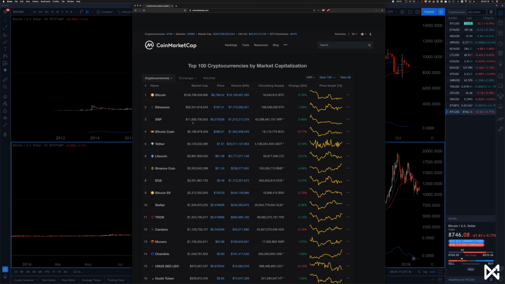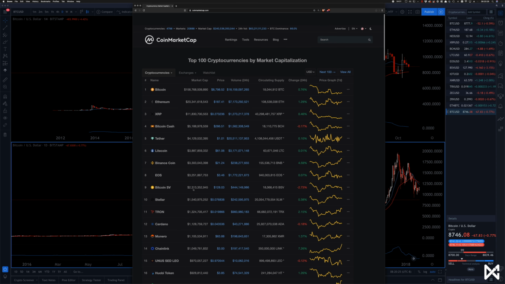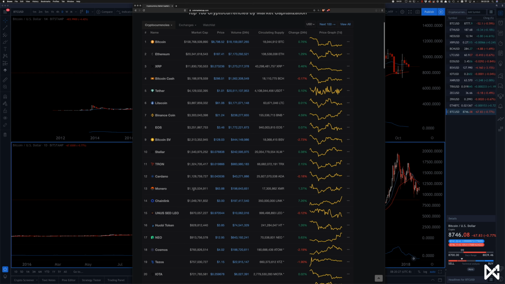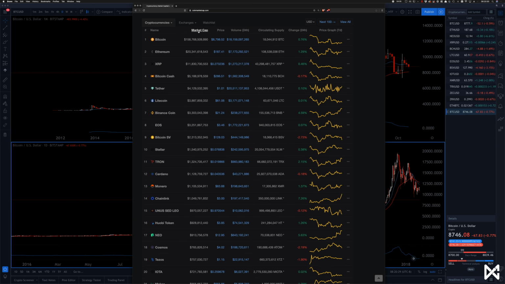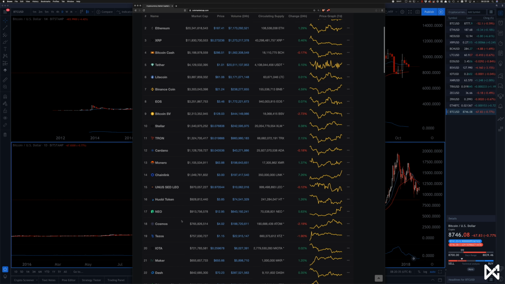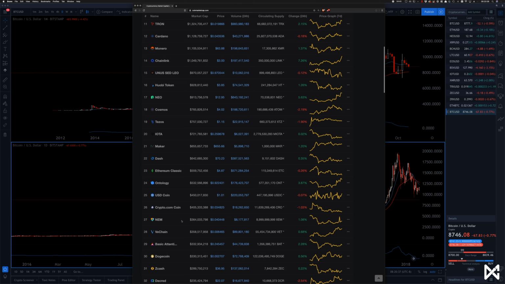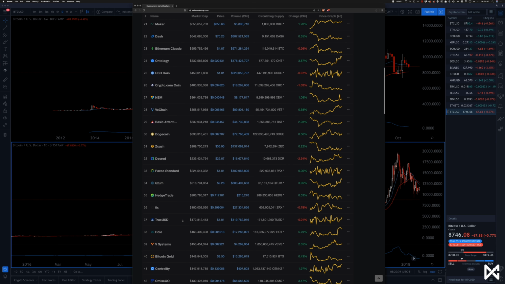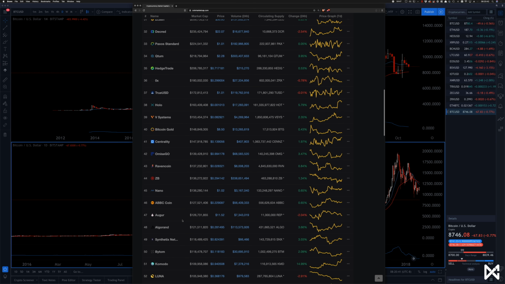The one thing that we want to focus on is the largest cryptocurrencies. The easiest way to do that is to just search cryptocurrencies by market cap, which are the largest by market cap. And we're going to have a list of 10, 20, 30, or 40, depending on how many you want to focus on.